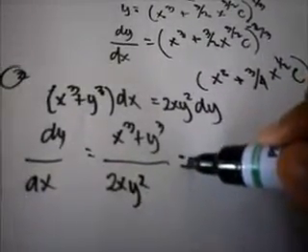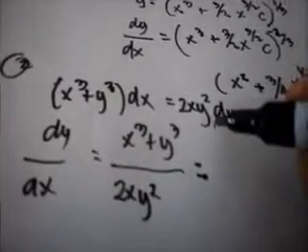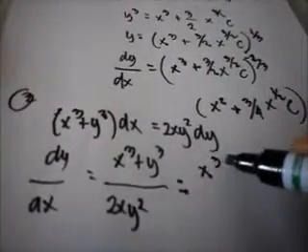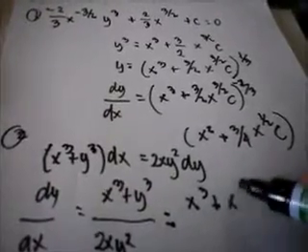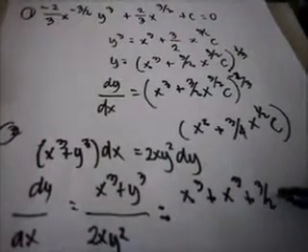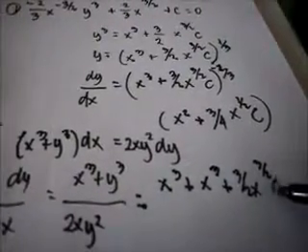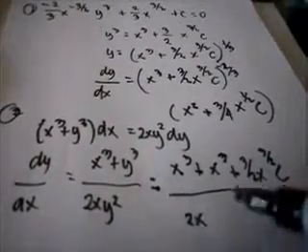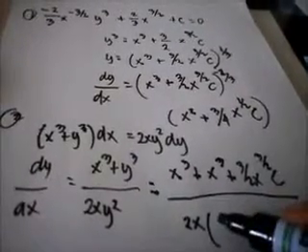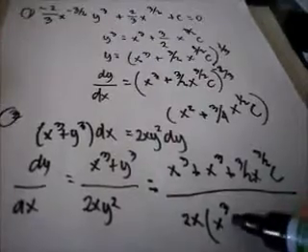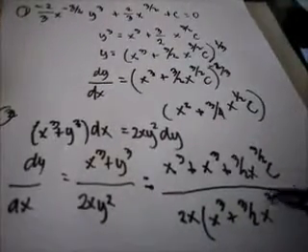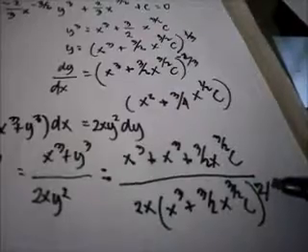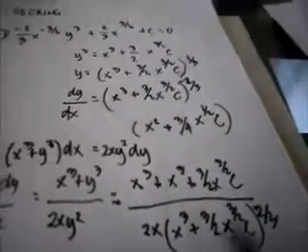If we substitute our value of y, y cubed is x cubed plus 3/2 x to the 3/2 c, and 2x times our value of y, x cubed plus 3/2 x to the 3/2 c, raised to the 2/3.